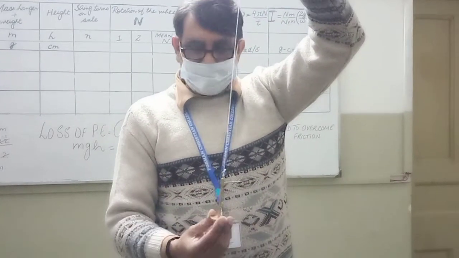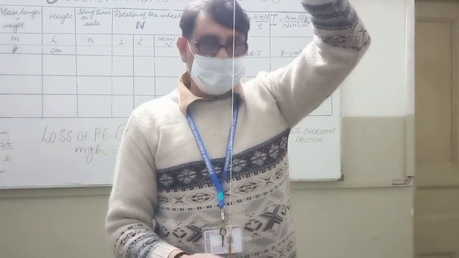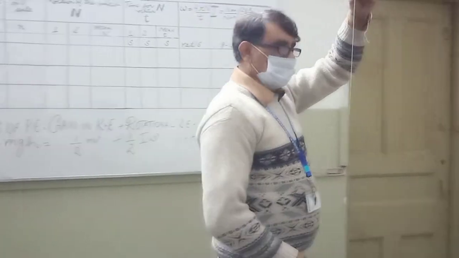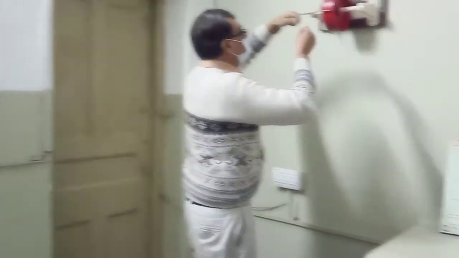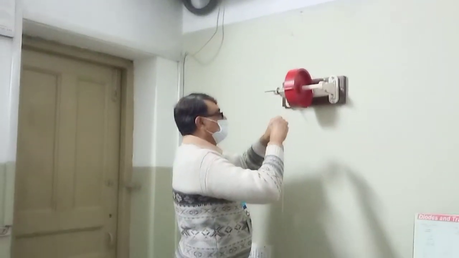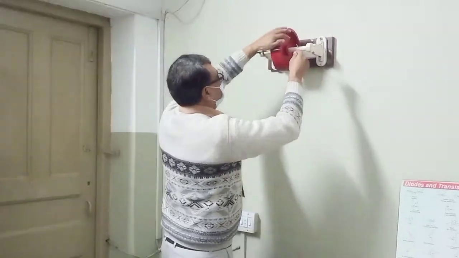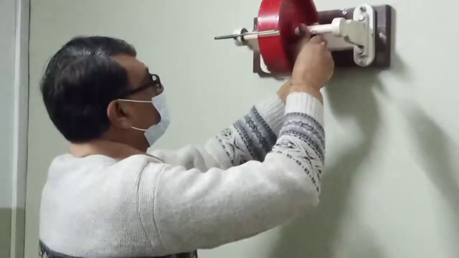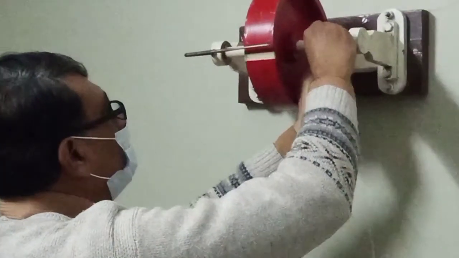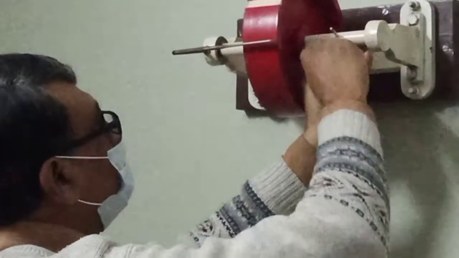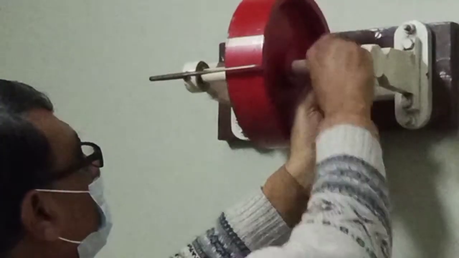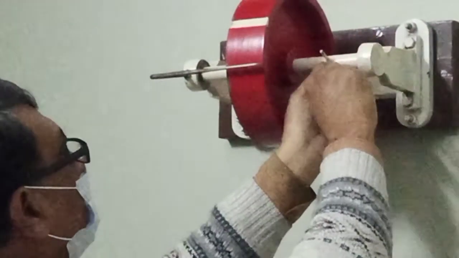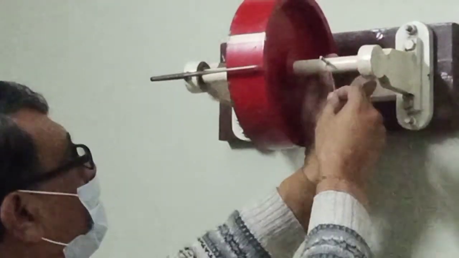This is the mass with hanger, this is also 50 grams. So I'll move towards the flywheel and make a loop around this knob. I have made the loop.